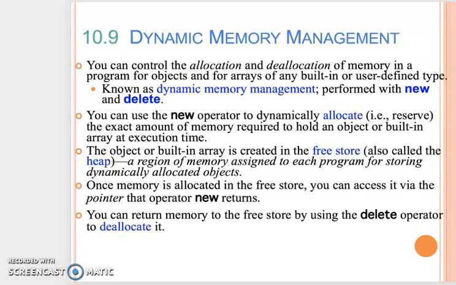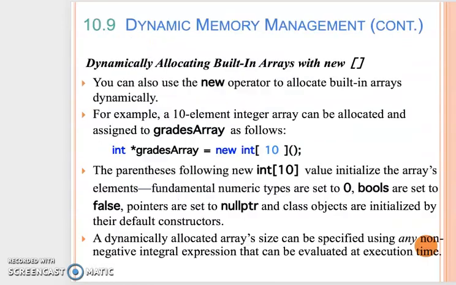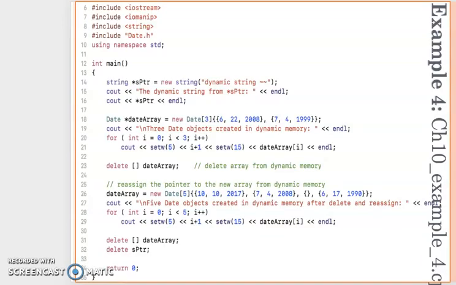For the next one, I want you to download the example. This example is under the date object folder. You're still using the date .h file and .cpp file, but the driver program is different. This example will show you how to create dynamic memory using the new keyword to have the string object.